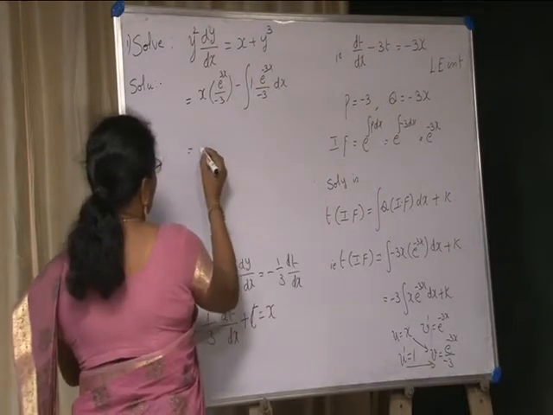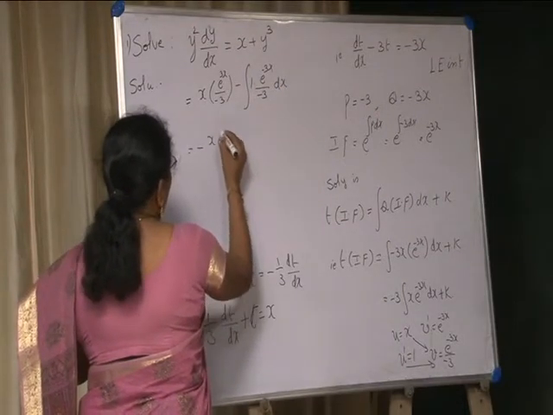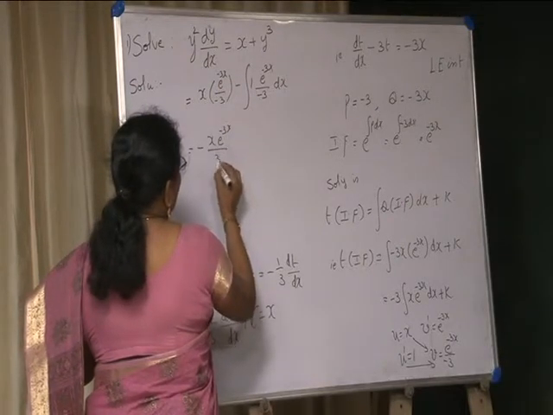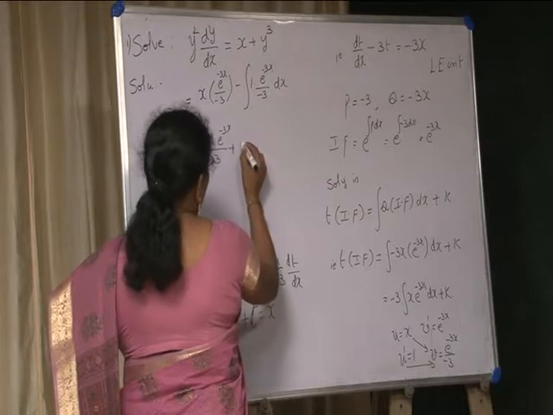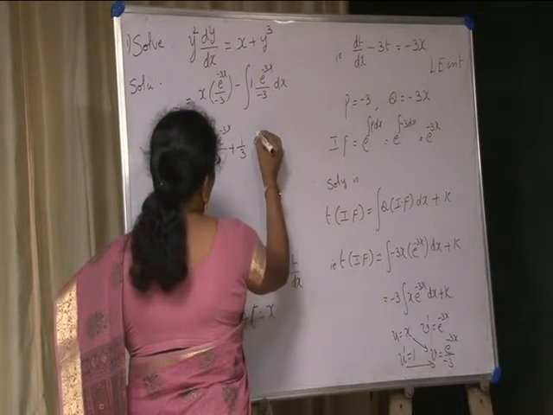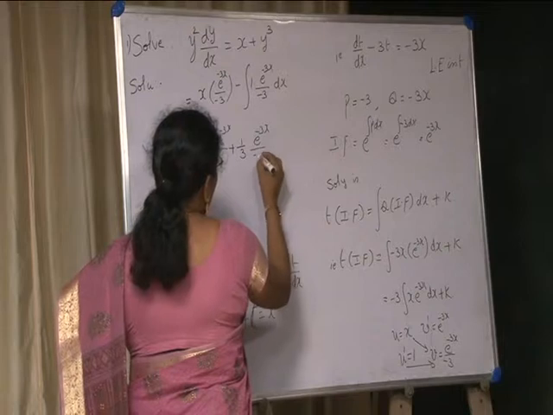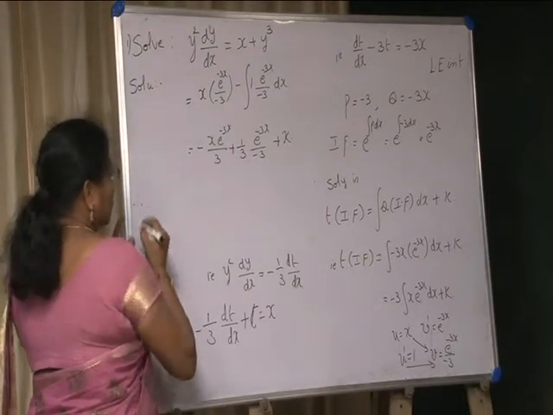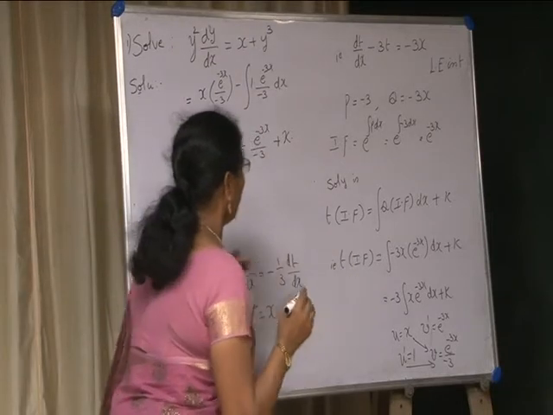So, this is minus x into e to the power of minus 3x divided by 3, minus into minus plus 1 over 3 e to the power of minus 3x by minus 3 plus k. Therefore, the solution is t into if.